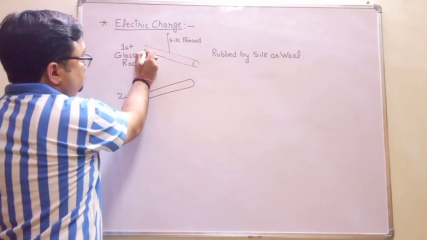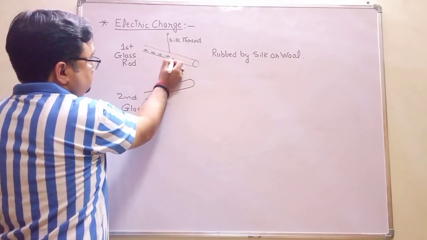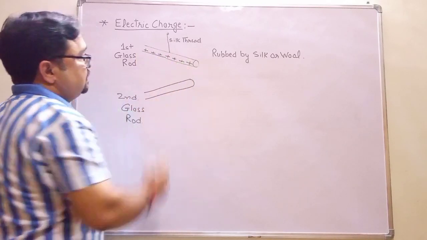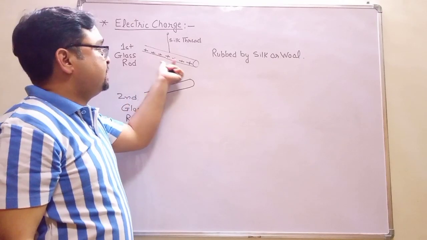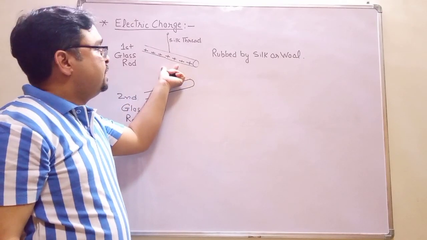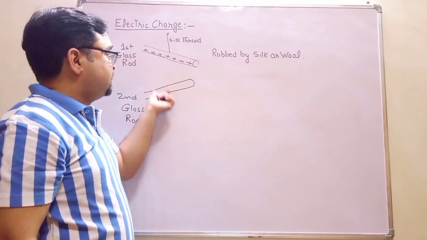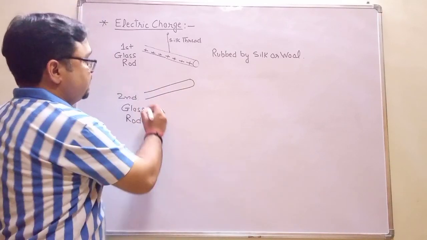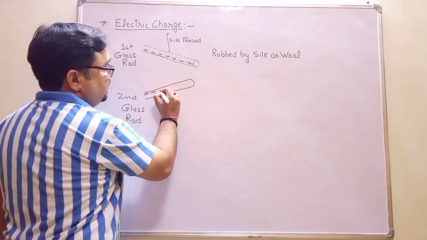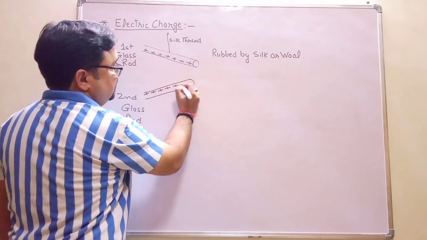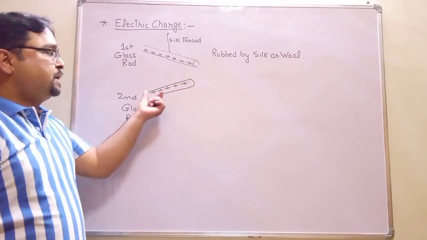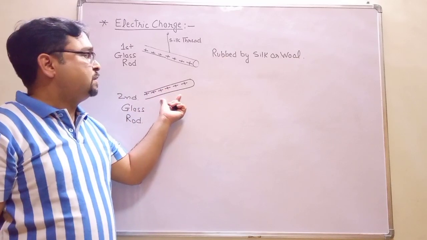then a positive charge will appear on the surface of the first glass rod. And if this second glass rod is also rubbed by silk, then again the same thing will happen to this second glass rod, and positive charge will appear on the surface of the second glass rod.